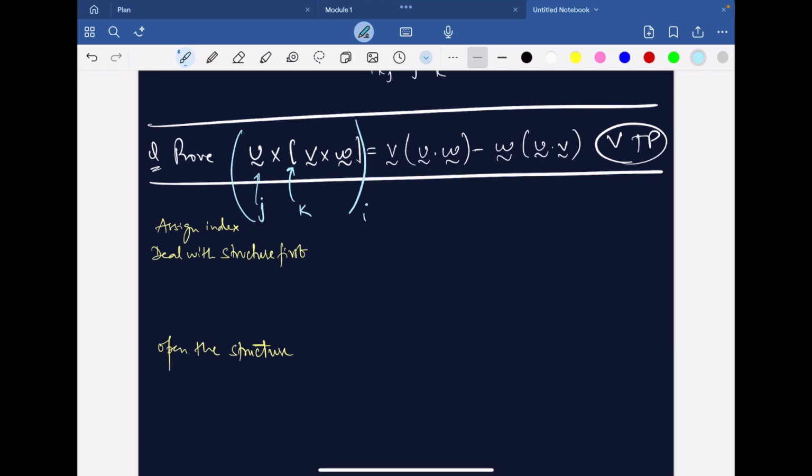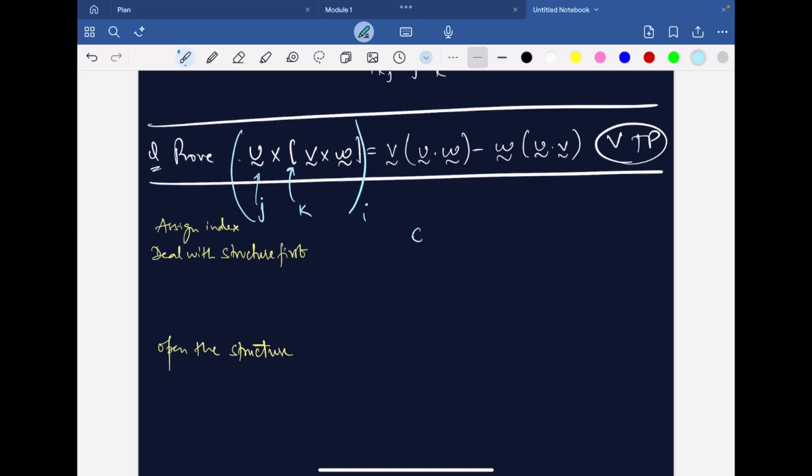Keep in mind, in this entire exercise, the right hand side is a vector. This is a vector triple product, a cross product of a cross product, so it will never give you a scalar. So this entire thing will have an index. We choose that index to be i. Inside we give it, let's say, j and k. So we have assigned the index, and let me call this bracketed term f.